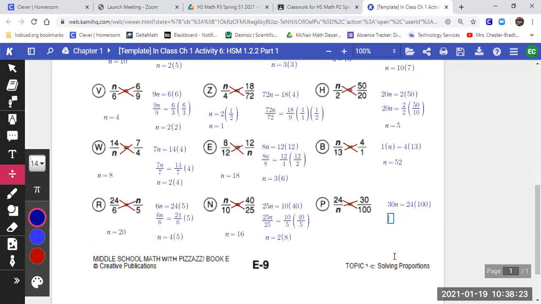Which way do we want to split 30? A 10 times a 3. Okay. Who's going to get the 10 and who's going to get the 3? Okay, so the 10 is going to go to the 100, which means the 3 goes to the 24.